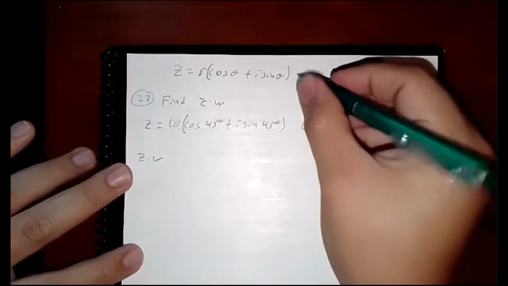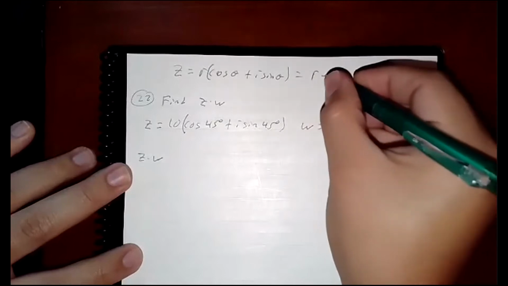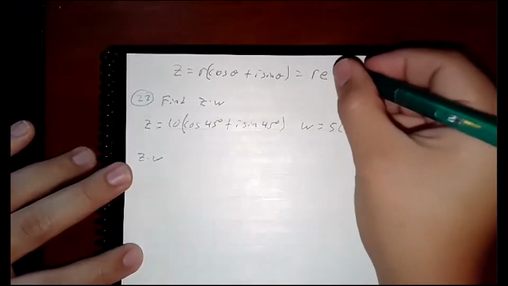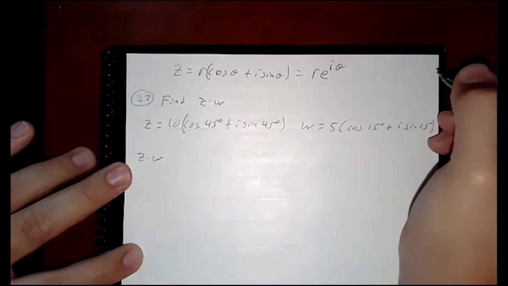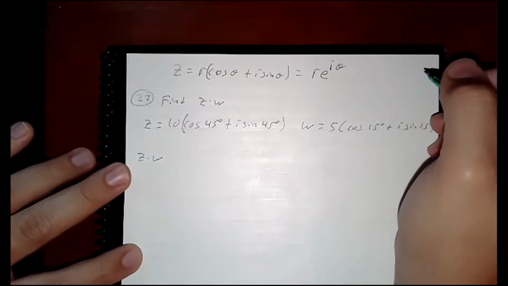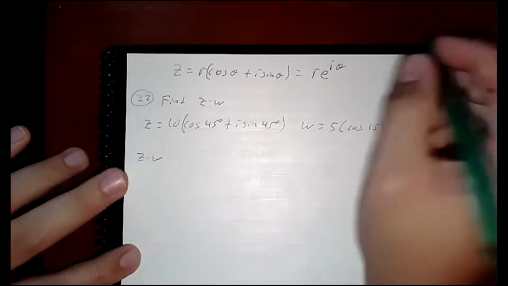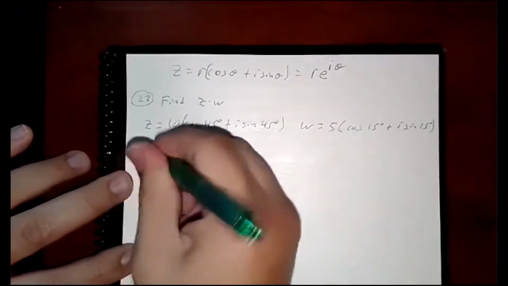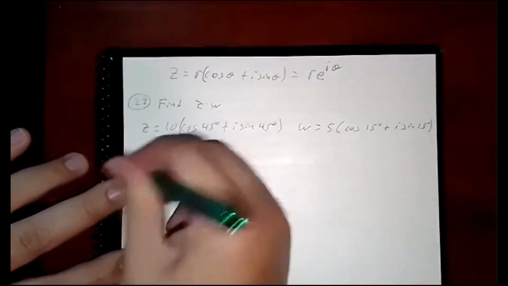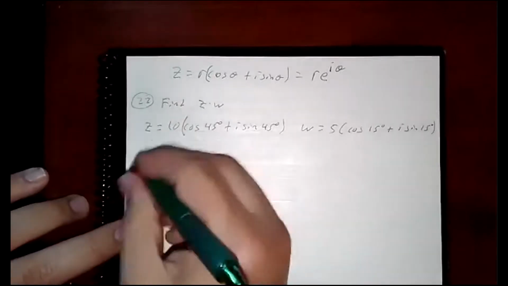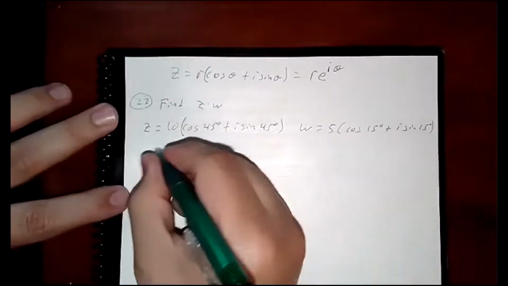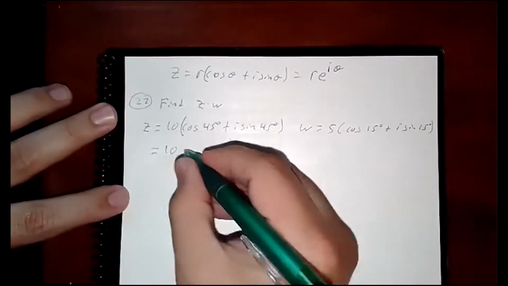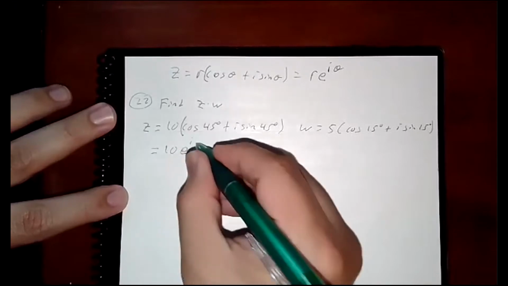And we can rewrite that as r times e to the I theta, right? So what we're going to do is change them both into exponential. That way it's easy to multiply. So this one would be 10 e to the I 45.